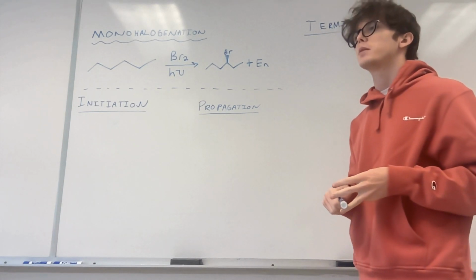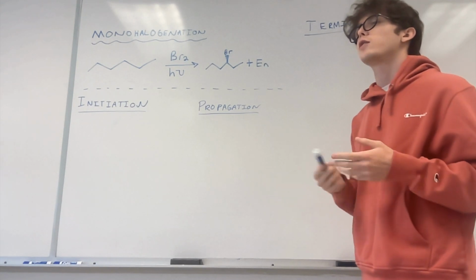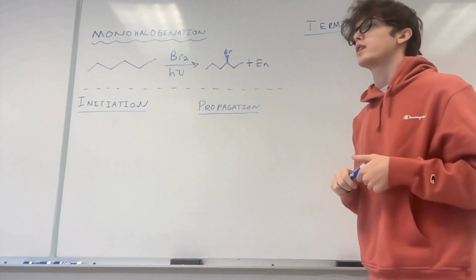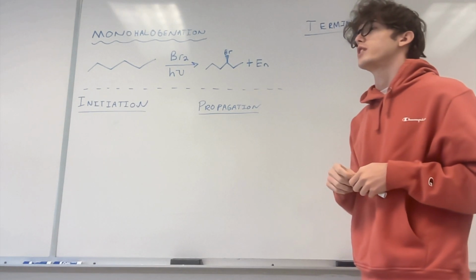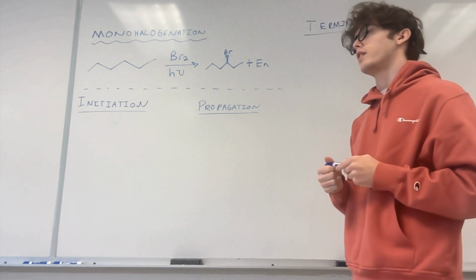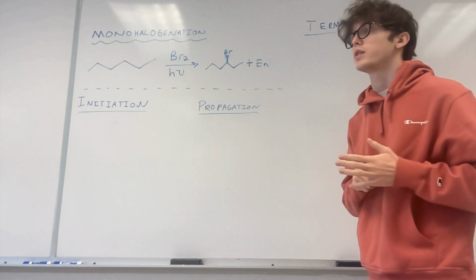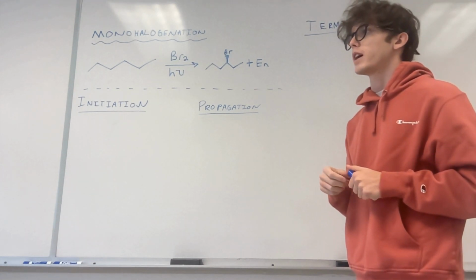Fluorine's possible, but there's two things about that. One, fluorine isn't a good leaving group, so it's not very synthetically useful, but sometimes you gotta fluorinate things. And another reason you don't do fluorinations is they're quite violent reactions, and the enthalpy of fluorine is about twice that of chlorine, and chlorine's a very exothermic process when it does monohalogenation itself.